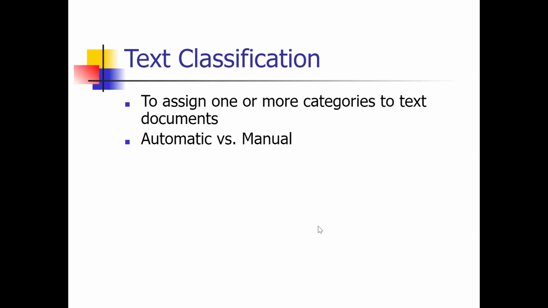We can automate it. That's what we are going to discuss, how we can use machine learning techniques to automate this text classification task. But the second one is manual, especially when creating the labels. We need some expertise to start with. So usually these are the two techniques that we can talk about.